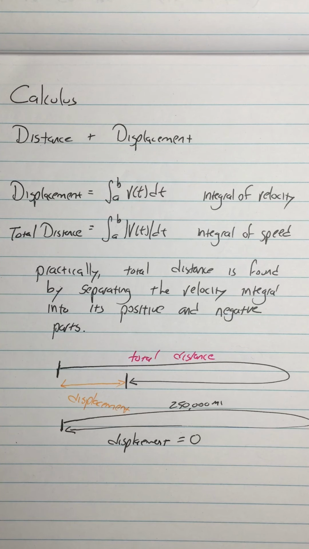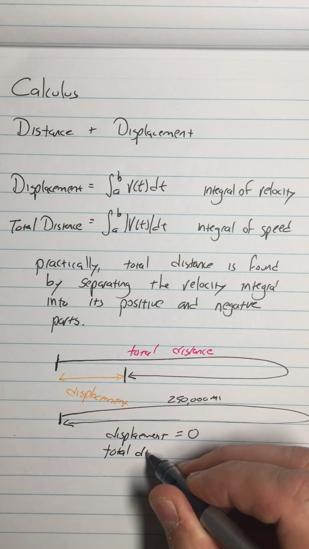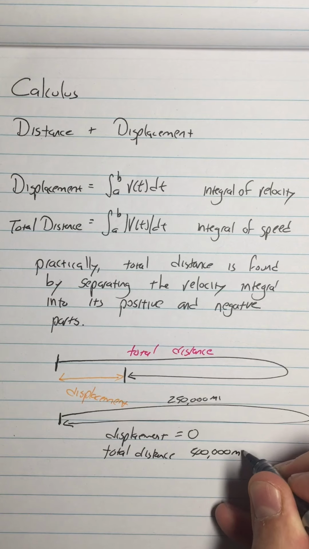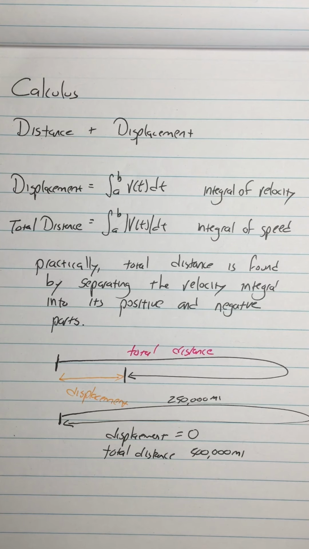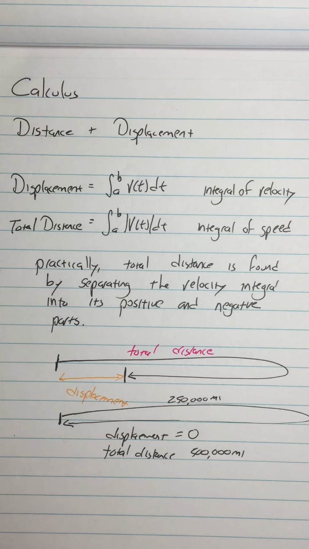They ended up exactly where they started. So did they even do anything at all? Yeah, they went to the moon and back. Their total distance is 500,000 miles, roughly speaking. I think those numbers are approximately right. So there you go. That's the difference between displacement and total distance and how you calculate them.